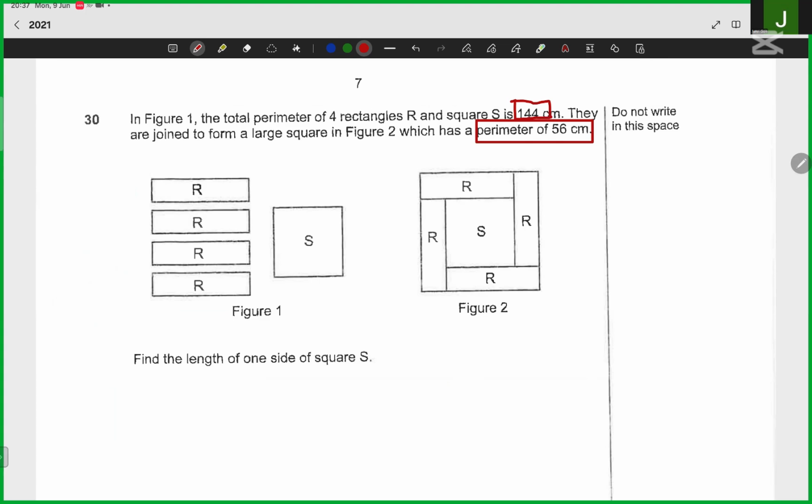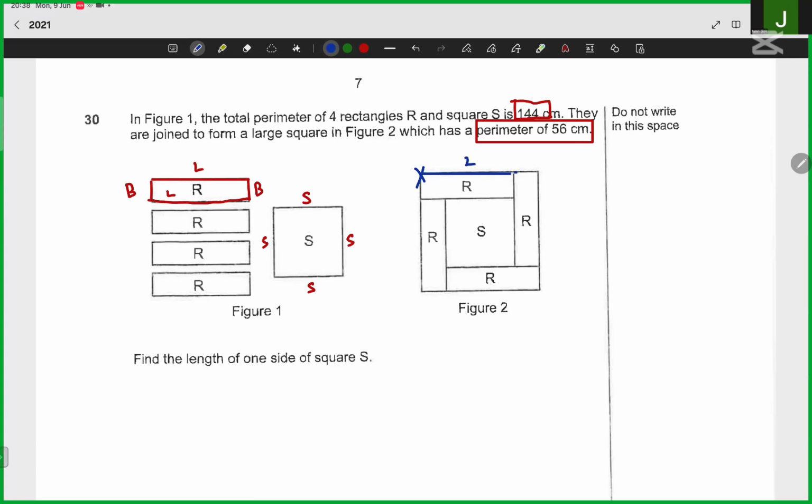The perimeter of R is made up of the length, the breadth, the length, the breadth, and we have 4 of this rectangle, and then the square has 4 sides as well. All this added up to 144. But if you look at the perimeter of figure 2, it is made up of what?